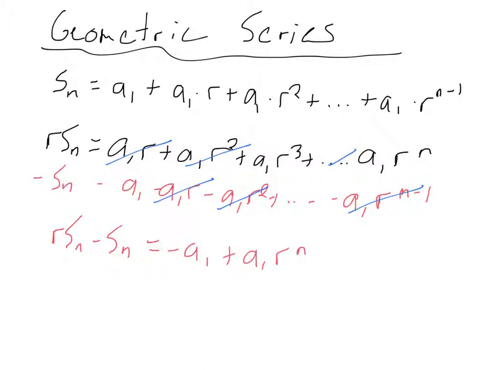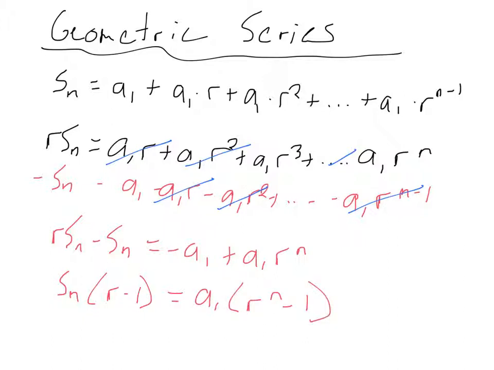Once again, this is a little trick that you use sometimes: subtracting one series from another series to eliminate everything except for a finite number of terms. Now I want a nice formula for S sub n. So I can factor out S sub n here, and over here I can factor out a sub 1, leaving r to the n minus 1.